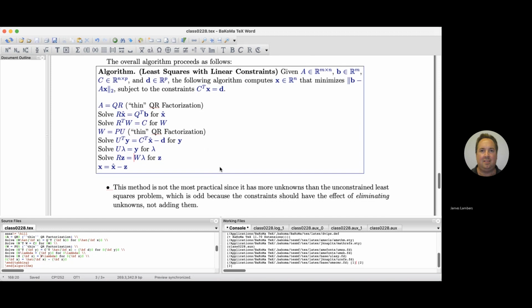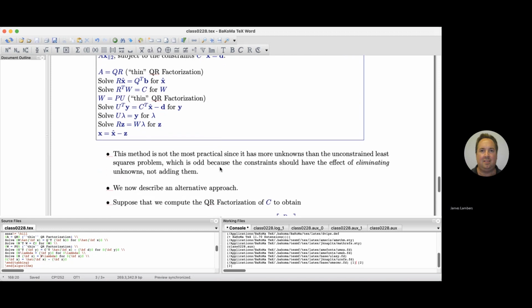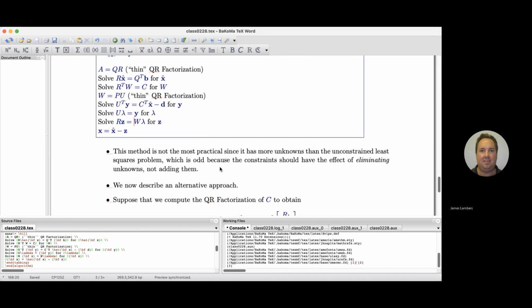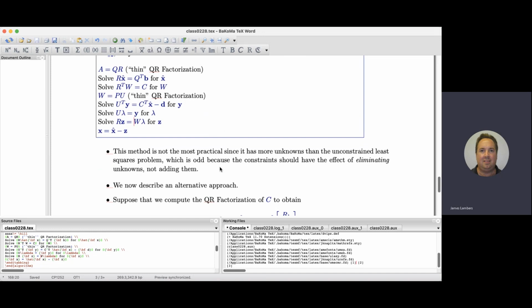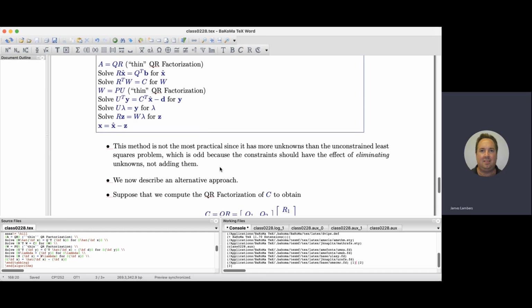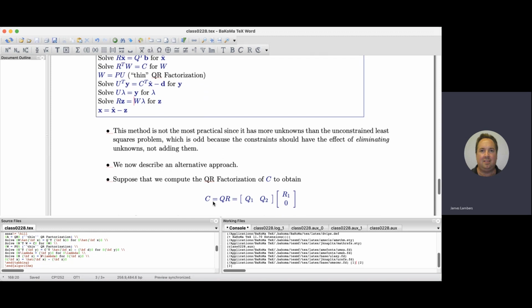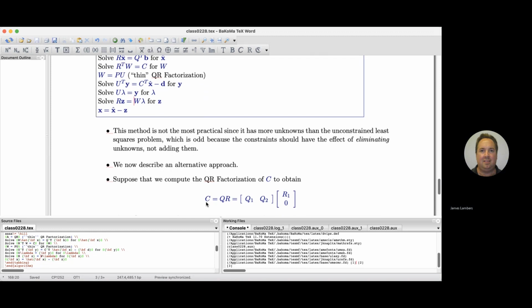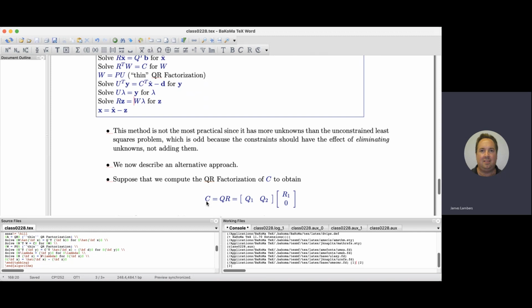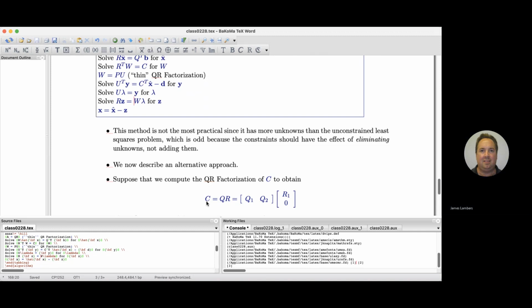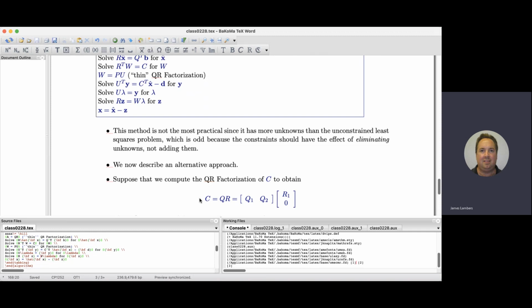So for an alternative approach, instead of QR factorizing A, we'll actually QR factorize C. C is an n by p matrix, and we're assuming here that n is greater than or equal to p, and also that C has full column rank.